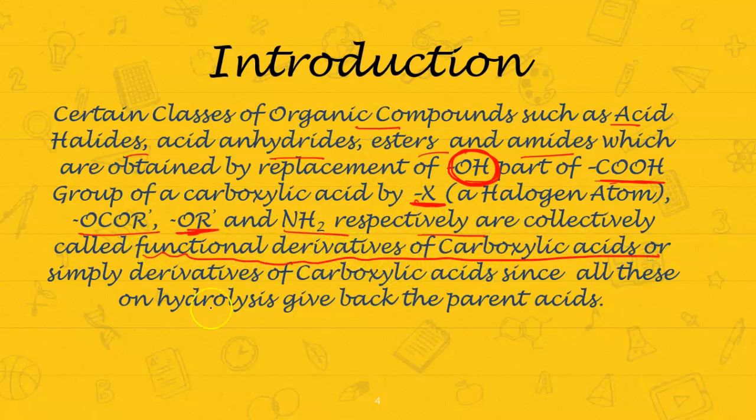Correct? What are they known as? Functional derivatives of carboxylic acid, or you can simply call them derivatives of carboxylic acid, and which on hydrolysis will give you your parent acid, that is carboxylic acid, back.